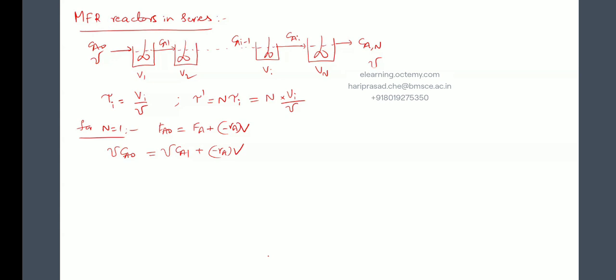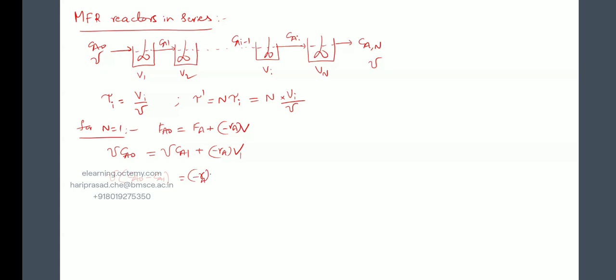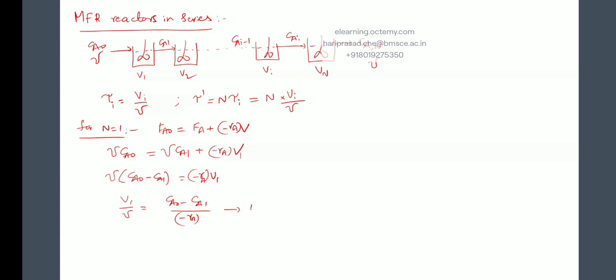When I rearrange this expression, taking the volumetric flow rate common, you get Ca0 minus Ca1 equal to minus Ra into V1. So if I rearrange this, V1 by volumetric flow rate is equal to Ca0 minus Ca1 divided by minus Ra. This is my first equation.